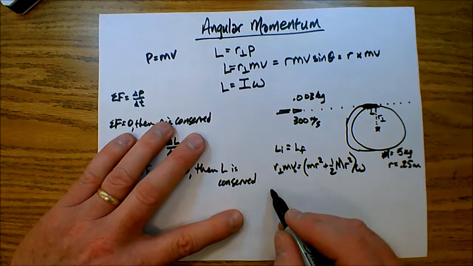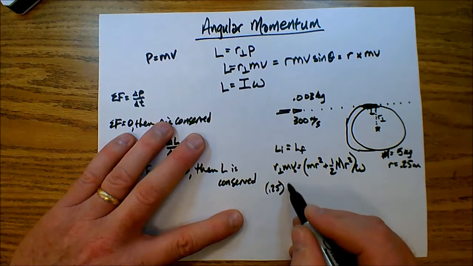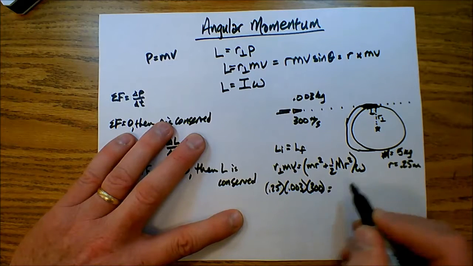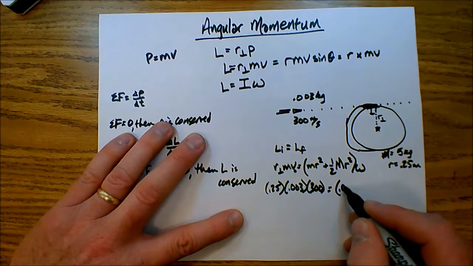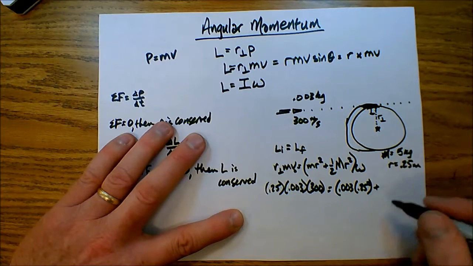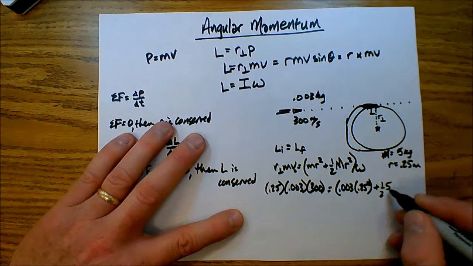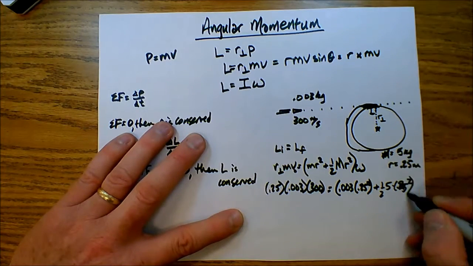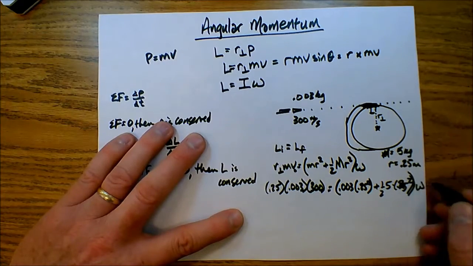So if I plug in some numbers, what I have is 0.25 times 0.003 times 300 equals 0.003 times 0.25 squared plus 1/2 times 5 times 0.25, that's my r, squared, and then that thing is times omega.